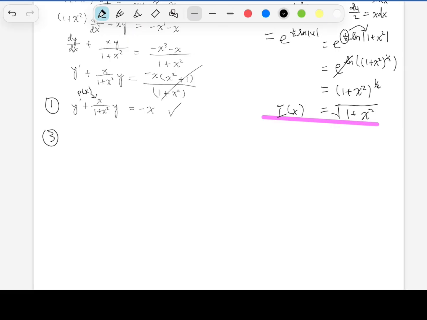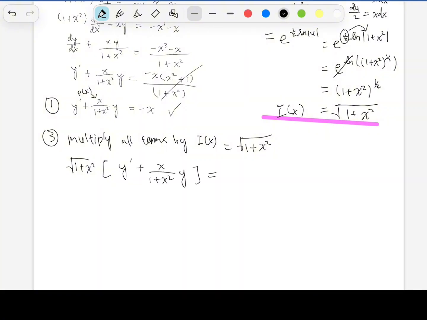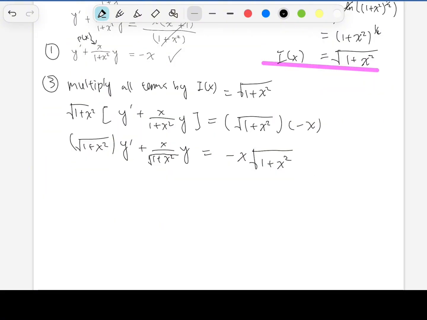Step 3, let's multiply everybody by the integration factor. And we get step 4.